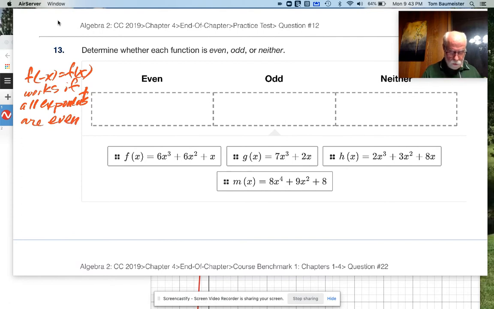So which one has all exponents even? That would be this here, because both of those were even. So that one will go here. I'm kind of giving you a hint here, ladies and gentlemen.